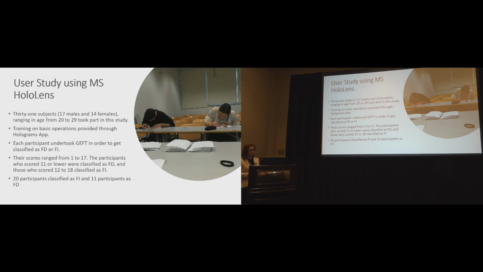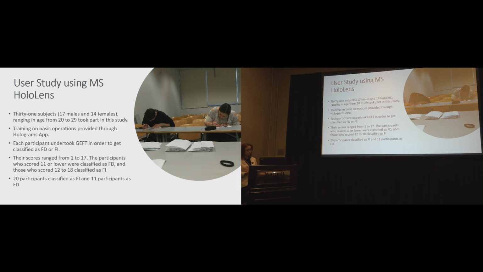And the scores are from 1 to 18 max. So what do they have to do in this test? They have to pick a simple object within a very complex schema.